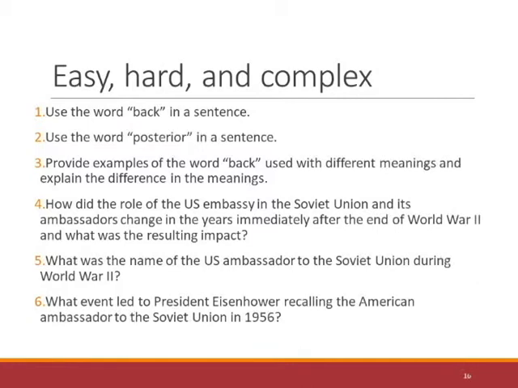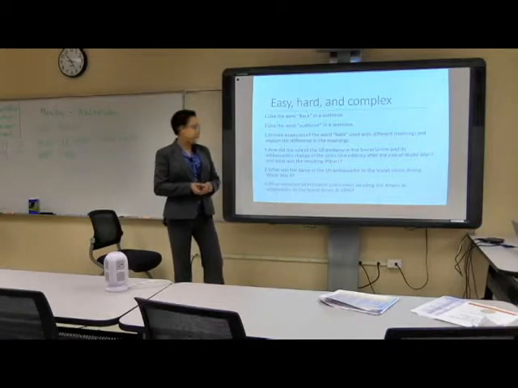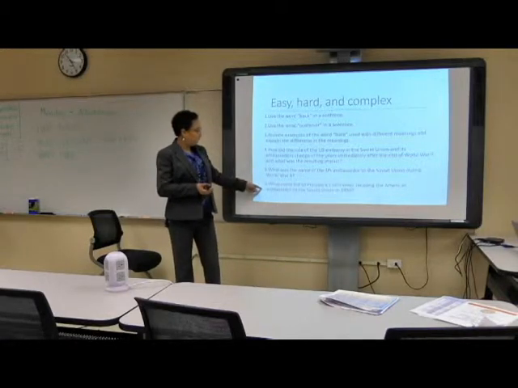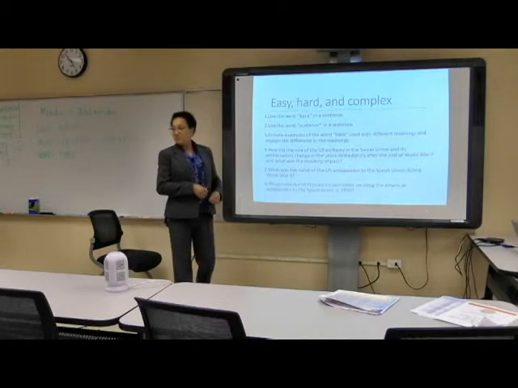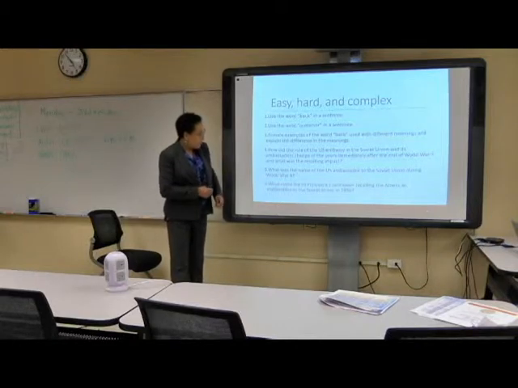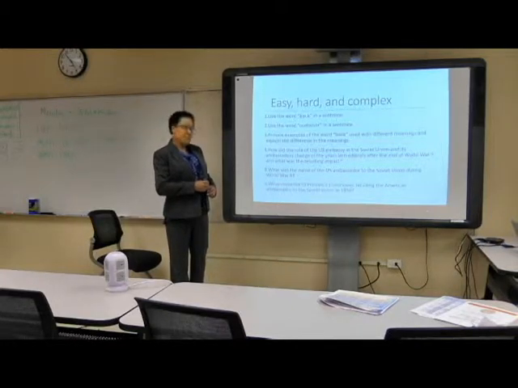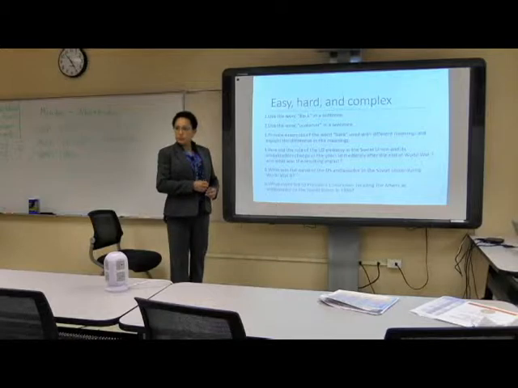All right. What event led to President Eisenhower recalling the American ambassador to the Soviet Union in 1956? Well, you either know it or you don't. But is it a 2? That was a tough one.